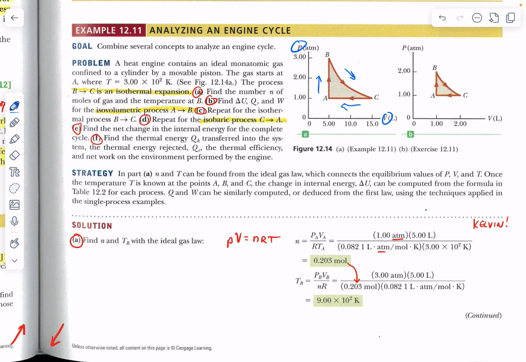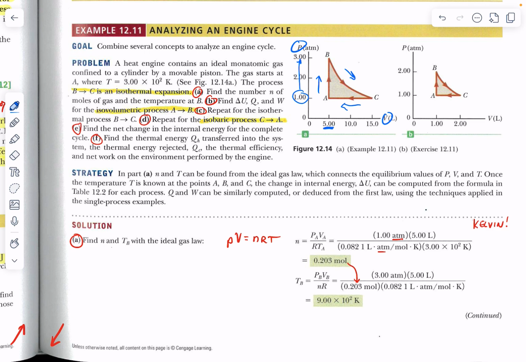We have a monatomic gas that is going to be compressed in a cylinder, and that compression takes it from atmospheric pressure, 1 atmosphere, or we could say 100,000 pascals, up to 3 atmospheres. And so we are compressing this gas, and my volume stays at 5.